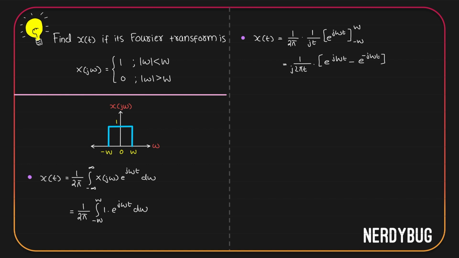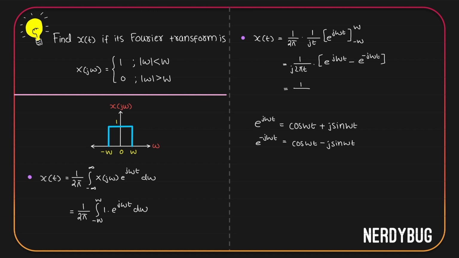Now, by using Euler's formula, we can write e raised to jwt is cos wt plus j sin wt. Similarly, e raised to minus jwt will be cos wt minus j sin wt. If we subtract this from this, cos wt and cos wt get cancelled. All we have is 2j sin wt.